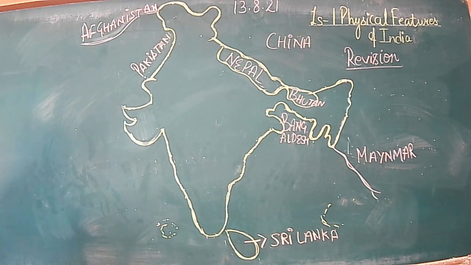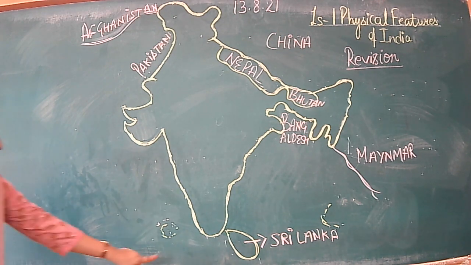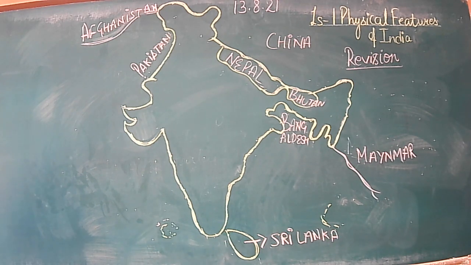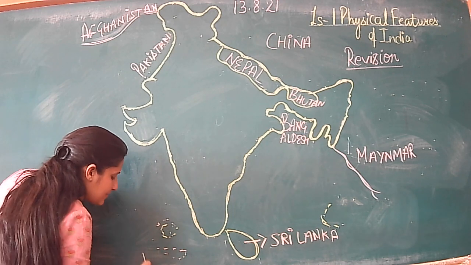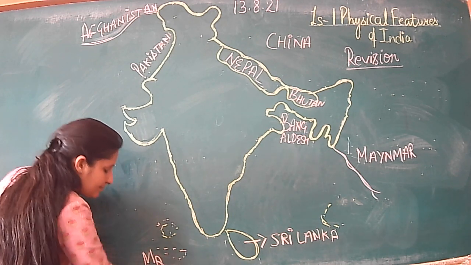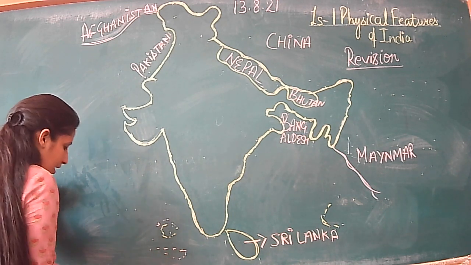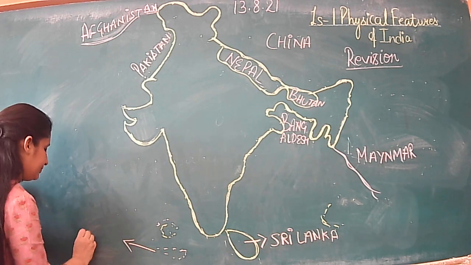That's clear. Here we have Sri Lanka and here is the Maldives. Here we have Maldives. Which one is here, children? Maldives. Okay, I'll just write the name here.